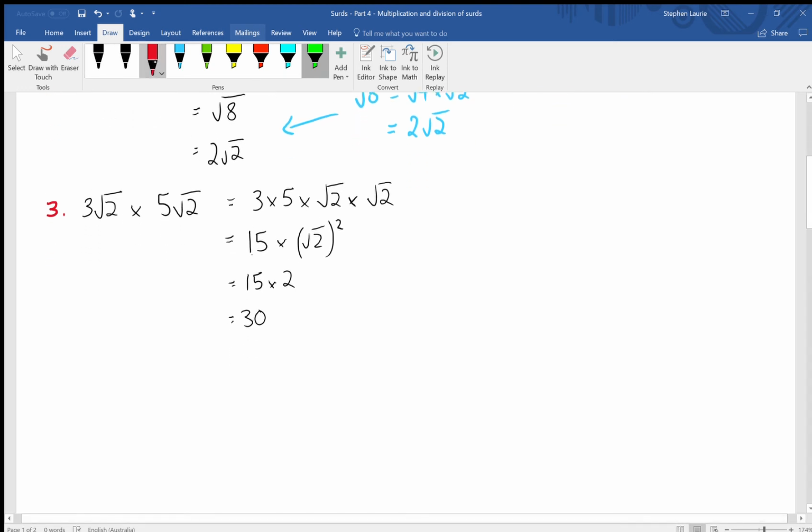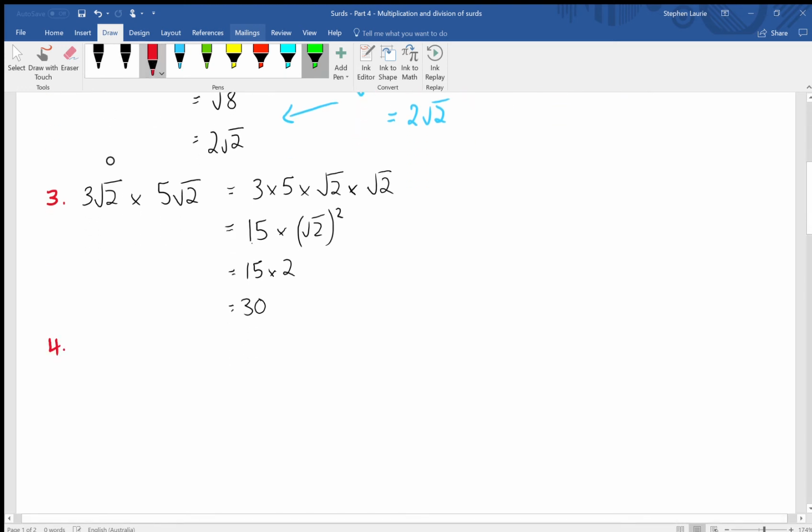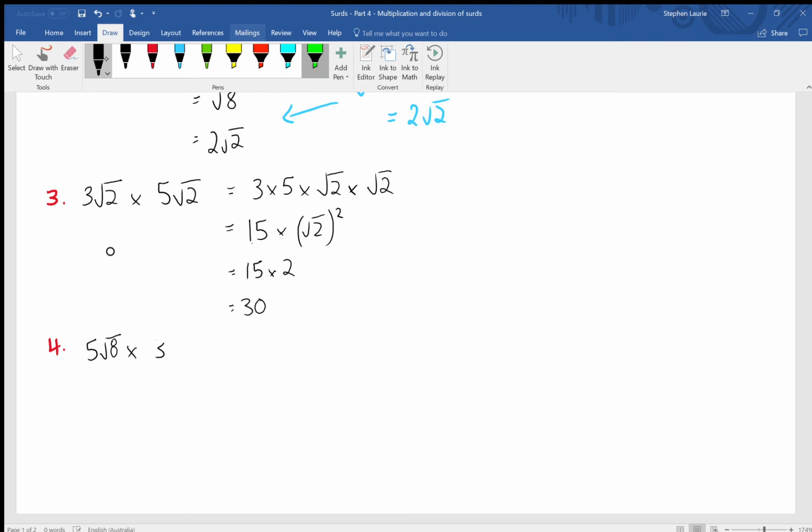Alright, example 4. We have 6 examples, so we're halfway through. 5 root 8 multiplied by 3 root 6. Once again, we're going to look at the whole numbers first and then the surds.